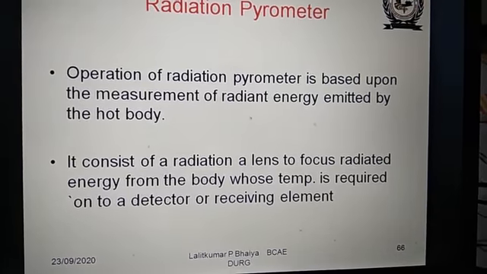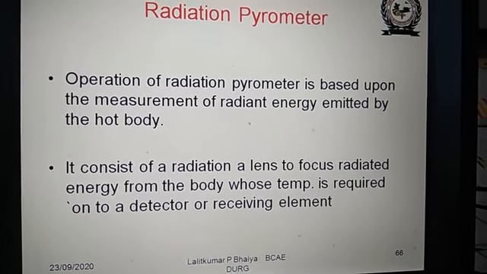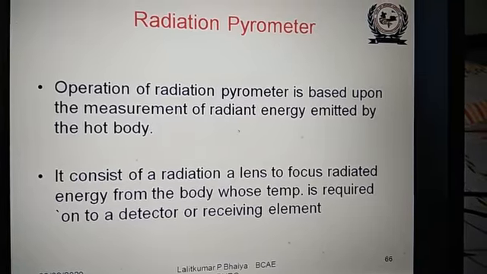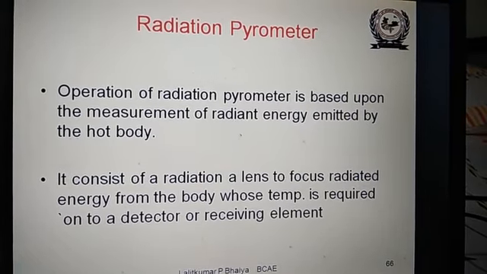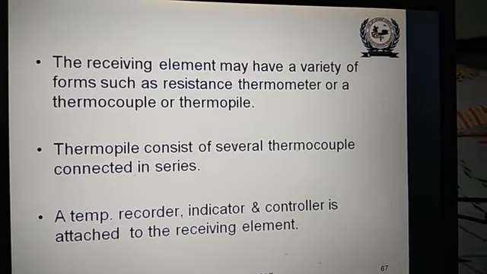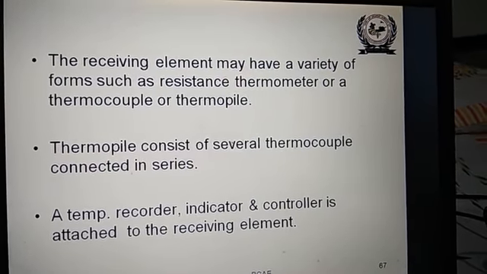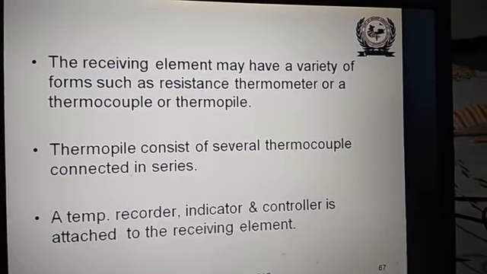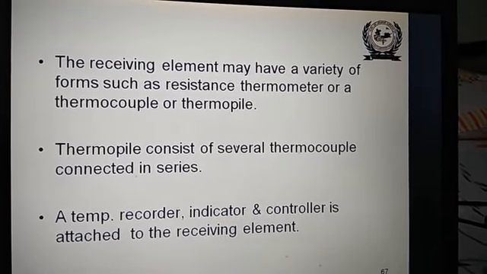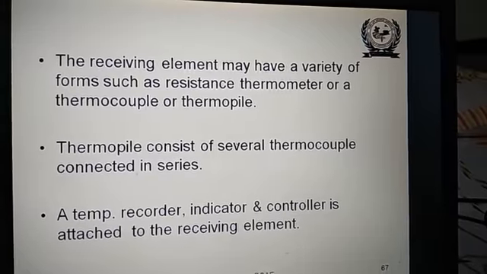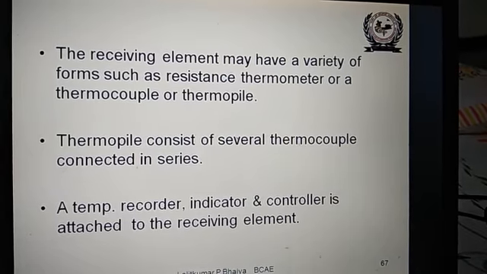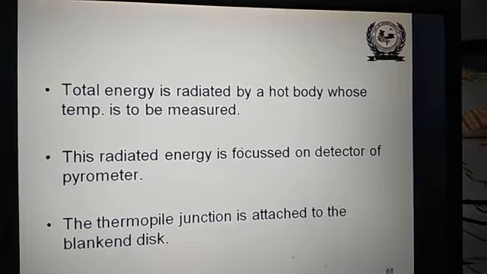It consists of a lens to focus radiated energy from the body whose temperature is required onto a detector or receiving element. The receiving element may have a variety of forms such as a resistance thermometer, a thermocouple or a thermopile. A thermopile consists of several thermocouples connected in series. A temperature recorder, indicator and controller is attached to this receiving system.